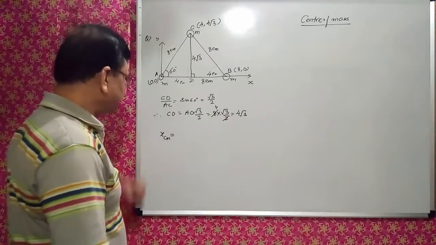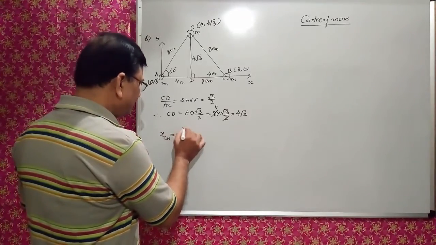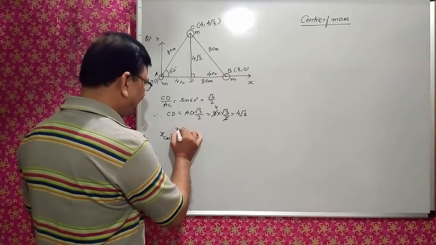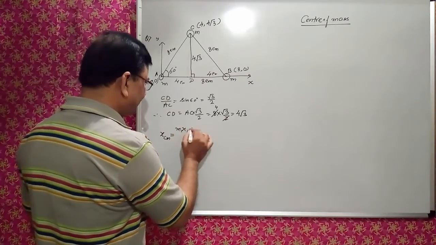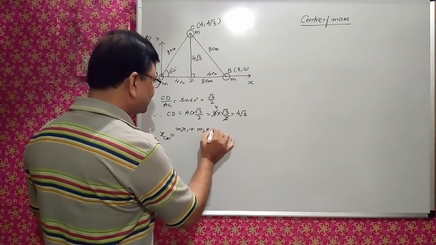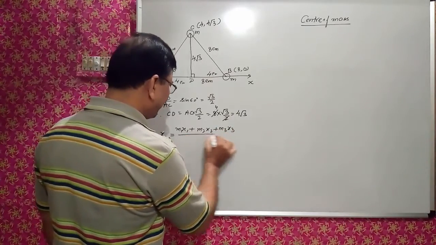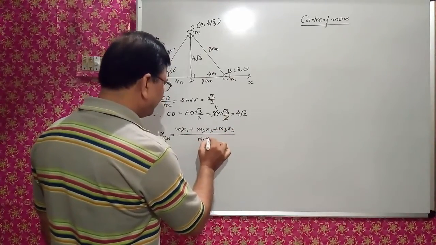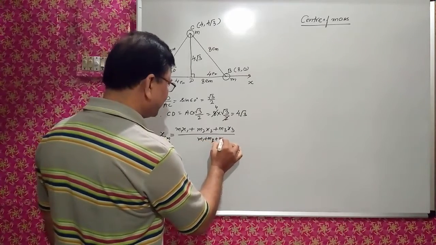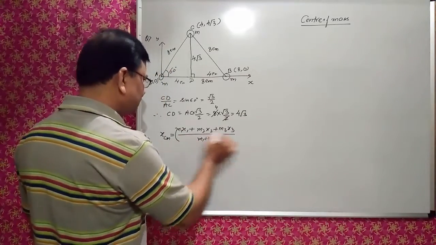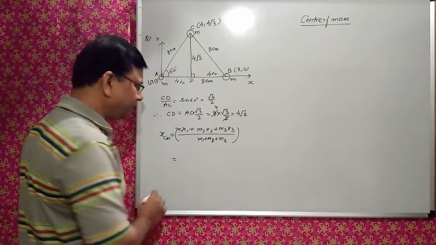To be more precise, xcm is m1 x1 plus m2 x2 plus m3 x3 upon m1 plus m2 plus m3. This was the formula, right, for x coordinate.